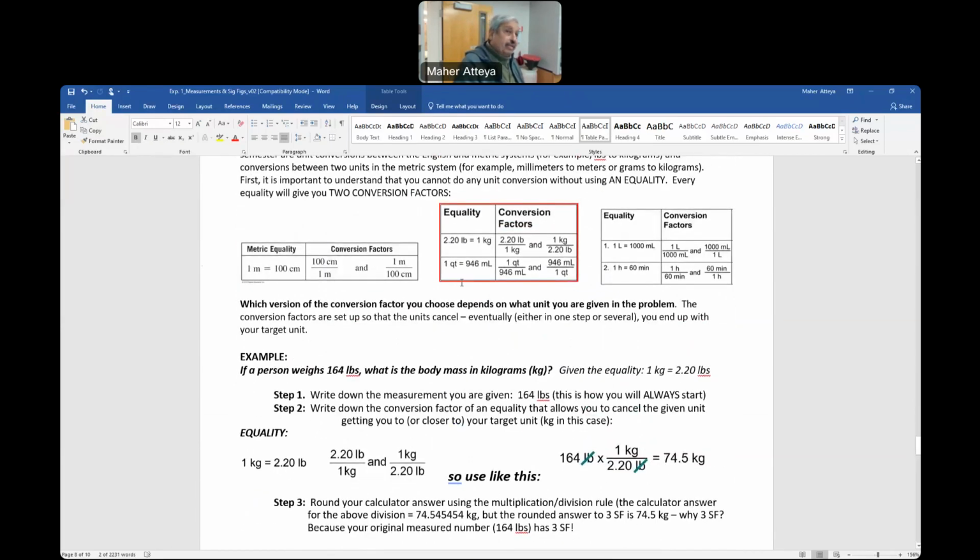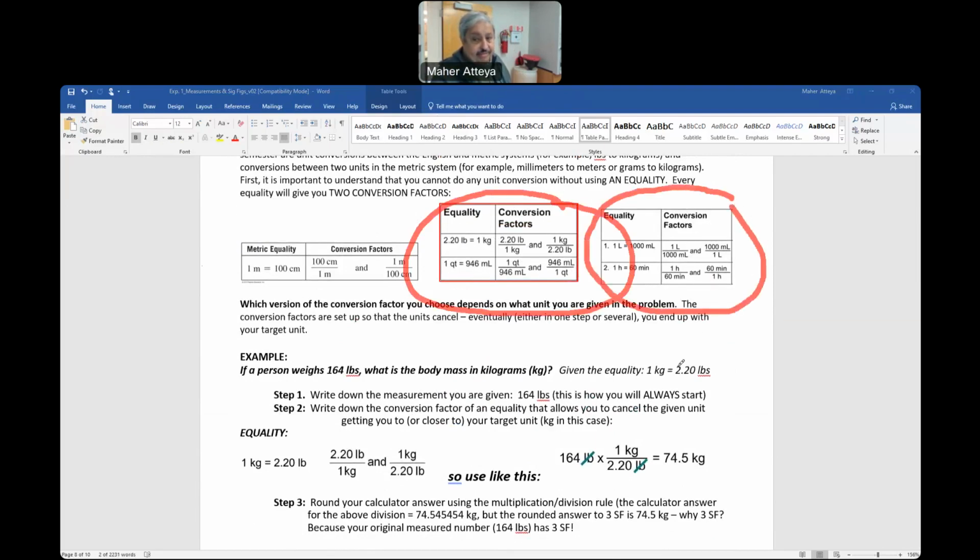The conversions here, you have metric to English, like here you have, if you look at this one, guys, this one here is 2 systems, metric to English, okay? And then you have metric to metric, okay?